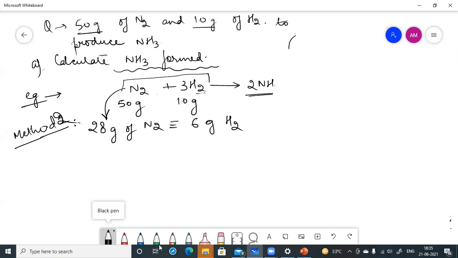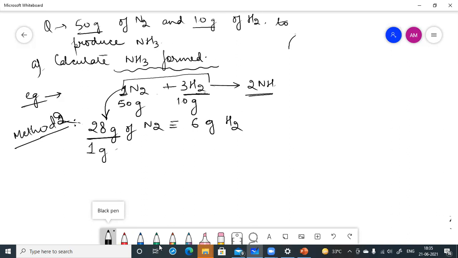Here we are not using moles. Here we have just converted moles into mass. अपने मन से. This is 1 mole of nitrogen. 1 mole of nitrogen is 28 grams. And 3 moles of dihydrogen is 6 grams. Is there any problem if we write it like this? No, sir. ठीक है. So 28 grams of nitrogen requires 6 grams of hydrogen.